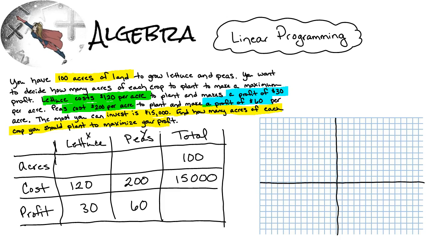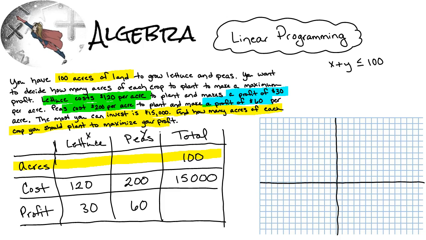All right, so now the next thing is to take each row and write an equation out of it. So this very first row, where it says acres and there's nothing filled into those 2 boxes, but the total is 100, well, those 2 boxes are the X and Y. So what I would be saying is that X plus Y has to stay less than or equal to 100, because we can't plant more than 100 acres of crops.